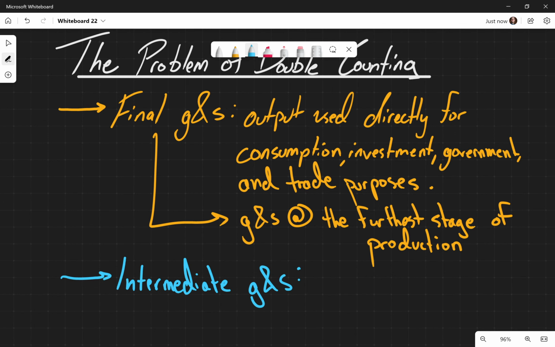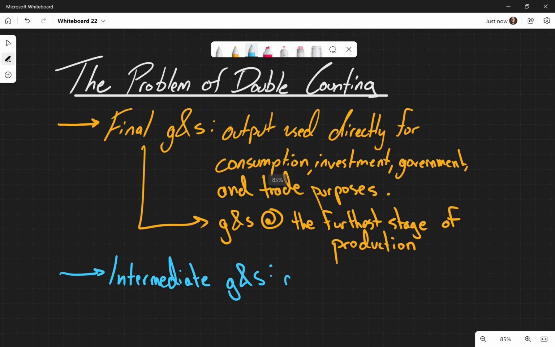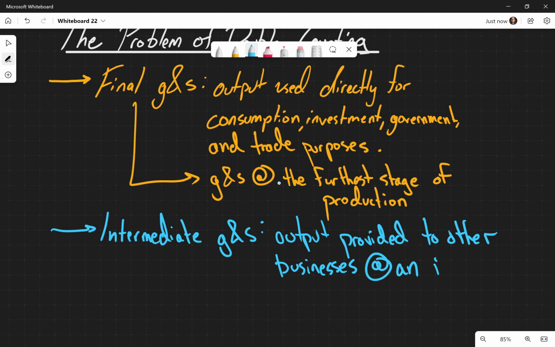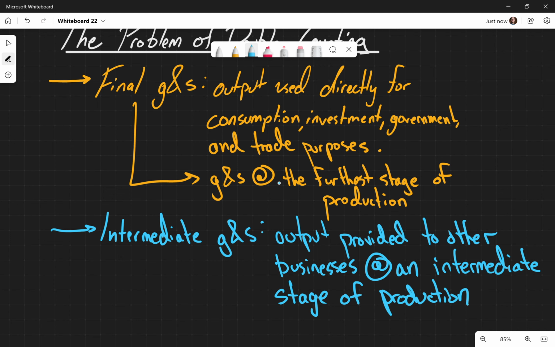Intermediate goods and services are defined to be output that's provided to other businesses at an intermediate stage of production. So this is not the final users.